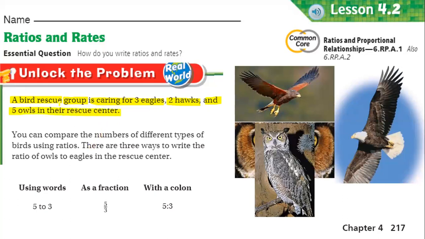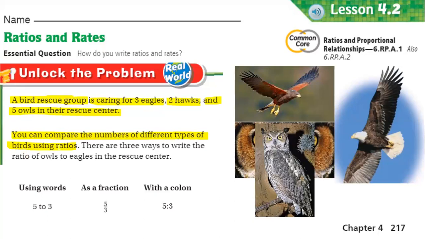I know most of you know the meaning of rescue group: persons who are caring for birds in their rescue center. I think you understand the meaning of rescue group. Am I right? All right. You can compare the numbers of different types of birds using ratios.